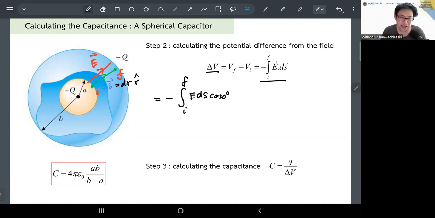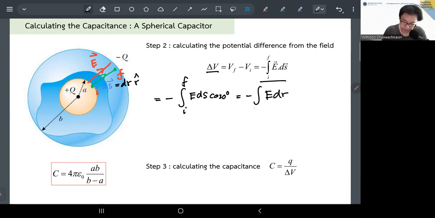We already discussed r hat: it's just the radial direction, but a unit vector. So the displacement is a change in the radial value, dr, pointing in the r hat direction, the same direction as the electric field vector. So cosine 0 is good, and this becomes the negative integral of E dr. So far so good.